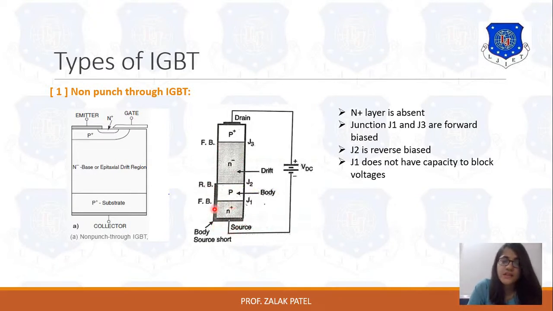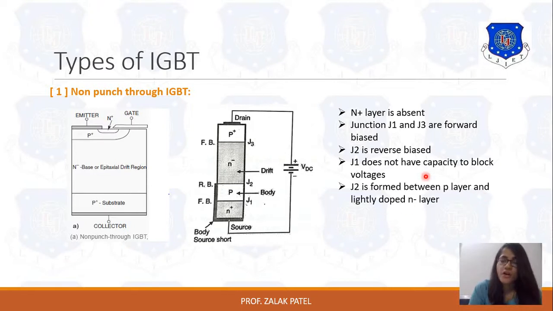You can see that this source N plus is heavily doped. Because of that, J1 cannot block the voltages, and blocking of voltages is only possible with J3 when it is operated in reverse bias. So in case of reverse bias, J2 blocks the voltages and J3 blocks the voltages, meaning symmetry is considered in this reverse bias condition.